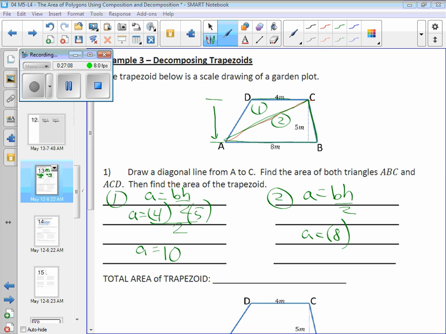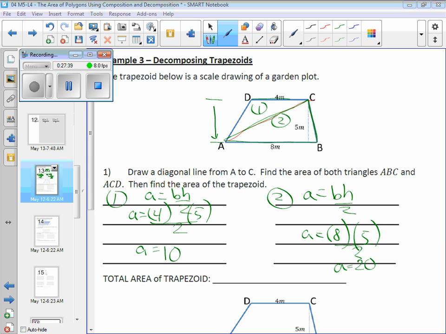Little hint. Don't forget to divide by 2. Molly. What's the total area of the trapezoid, because you're still not home free just yet. You got it. Remember, no naked numbers. We can tack on the units, and we're good.